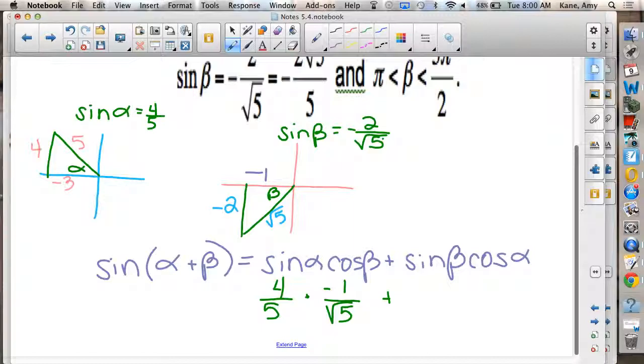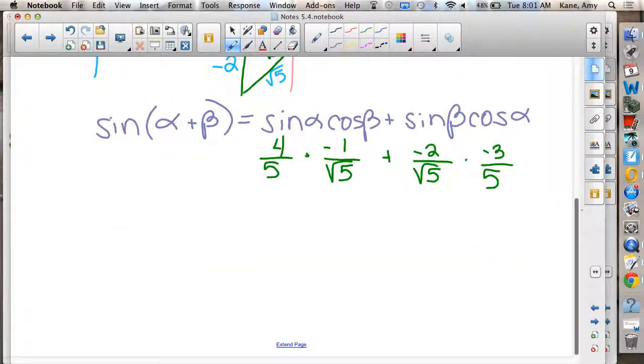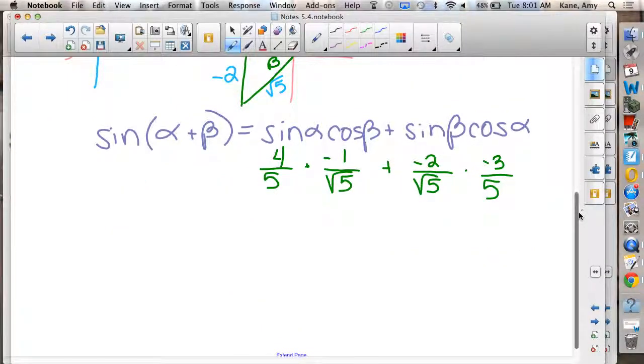And then the sine of B we were given as negative 2 over the square root of 5. And now the cosine of A, we can look over there and we have a negative 3 over 5. So see if you can simplify that, multiplying across for each term and then try and simplify it.